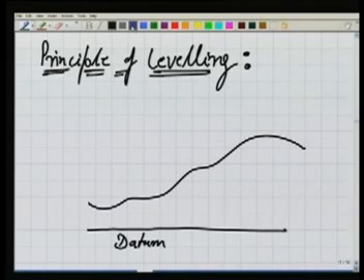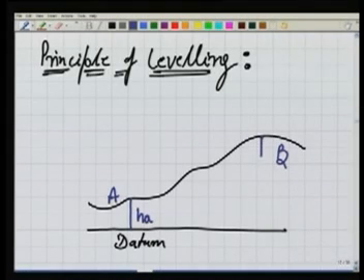and our job is we want to determine the relative difference between 2 points, or I can say it otherwise also. If I have a point A here and a point B here, I know HA, that means I know the RL of point A. I want to determine the RL of point B. HB is what?